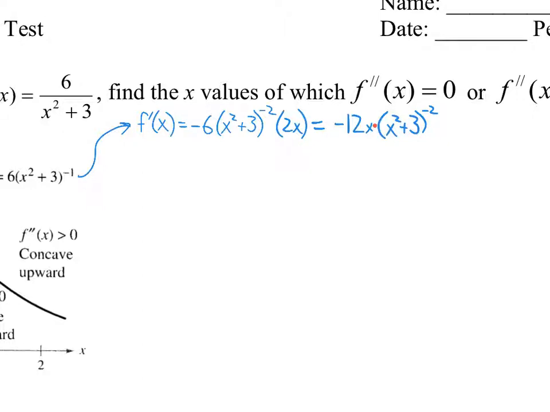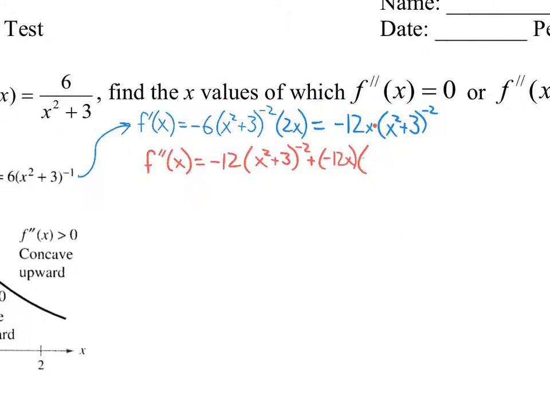Okay, so f double prime, the derivative of the first half of that is just negative 12, so negative 12 times x squared plus 3 to the negative 2, plus the first term, which is just negative 12x, times the derivative of the second part.